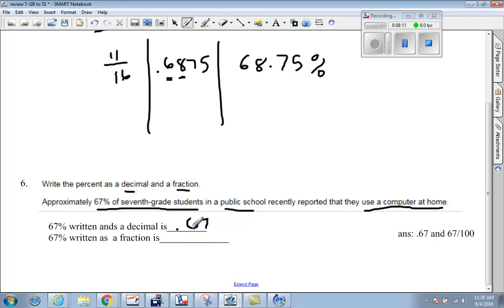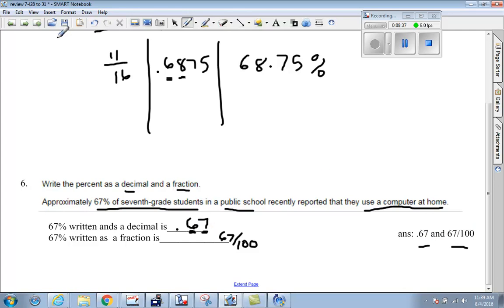And as a fraction, if you think about place value, tenths, hundredths, that's 67 out of 100. So again, reminding when we go from percent to decimal, we slide 2 units to the left, and then it's easy to get from decimal to percent because you can use place value. Tenths, hundredths, 67 out of 100.